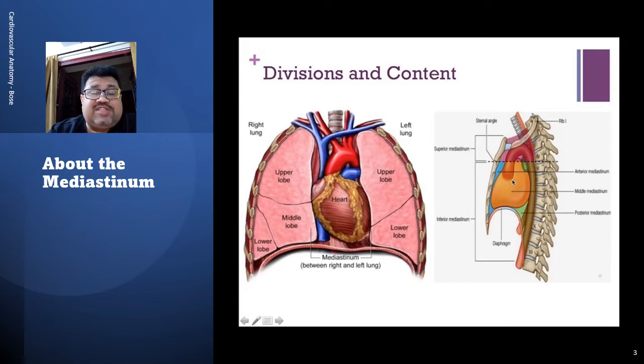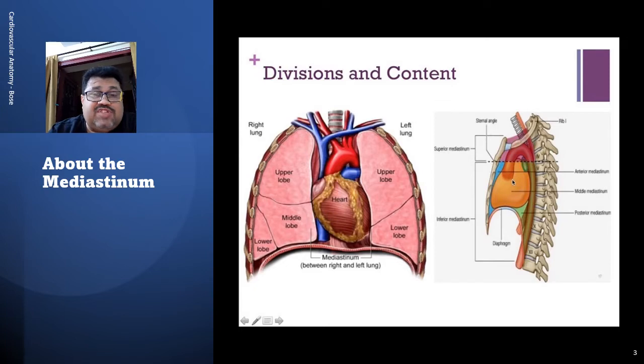Thus, the mediastinum is the central compartment of the thoracic cavity, and it contains the heart, the great vessels of the heart, the esophagus, the trachea, phrenic nerve, cardiac nerve, the thoracic duct, the thymus gland, and lymph nodes of the central chest.